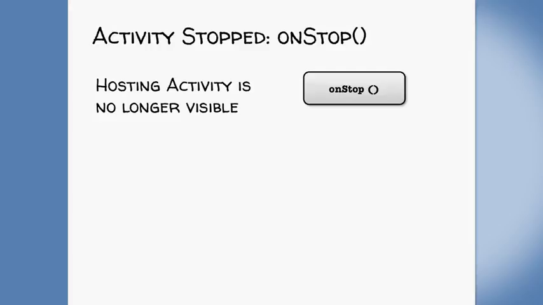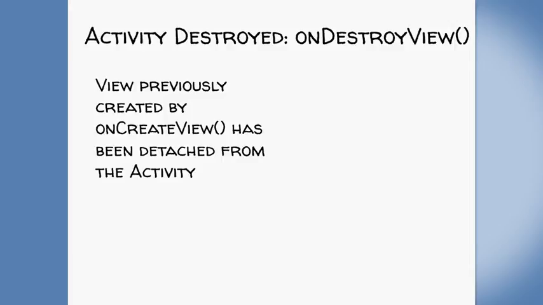Now, when the hosting activity is about to be destroyed, any fragments that it's hosting also have to be shut down. And this happens in several steps. First, when the fragment's user interface view, the one that was previously created by the call to onCreateView, has been detached from the activity, the fragment receives a call to onDestroyView.